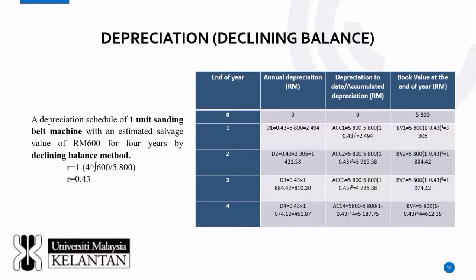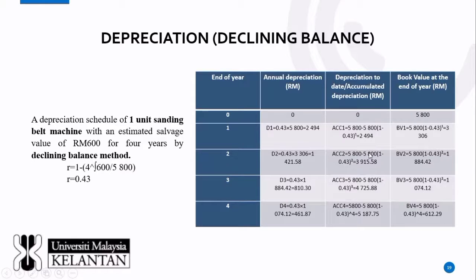This is another part of unit machinery, which is sanding belt machines. Salvage value is also the same amount, 600, followed by 4 years, declining balance method. The rate formulas are the same as usual from the previous part.